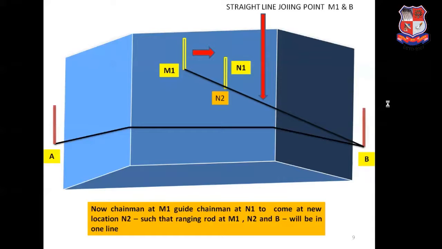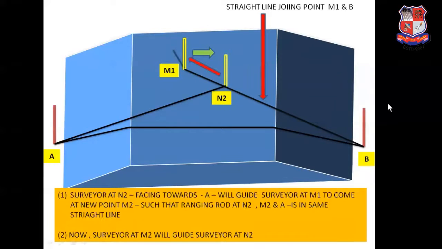Next, the chainman at N2, who is facing towards A, will guide the chainman at M1 to come to a new location M2 in such a way that the ranging rod at N2, the ranging rod at M2 and the ranging rod at A come in the same straight line.